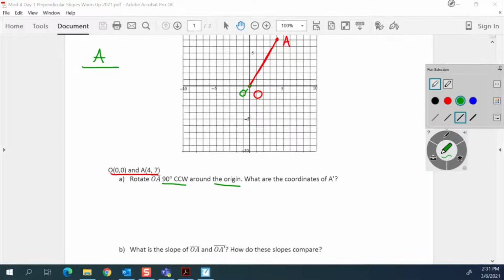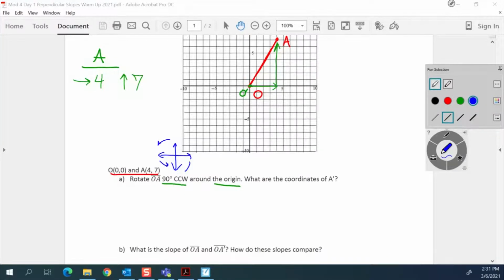And to get from the center of rotation to point A, I have to go to the right 4 and then go up 7. Okay? And now as I rotate these arrows 90 degrees counterclockwise, let's get a quick compass of what that looks like.